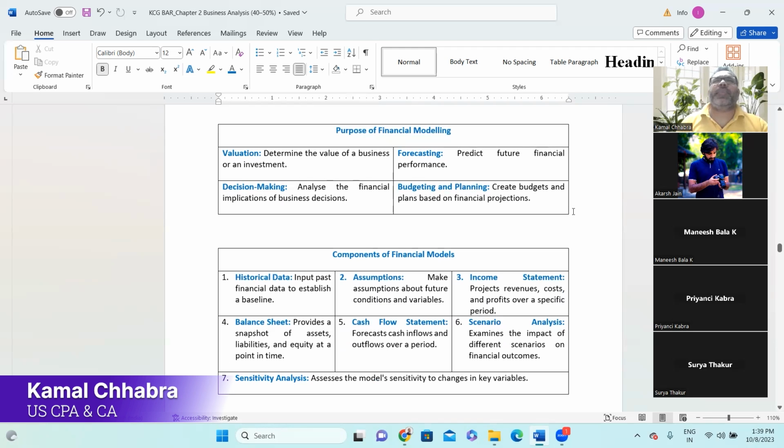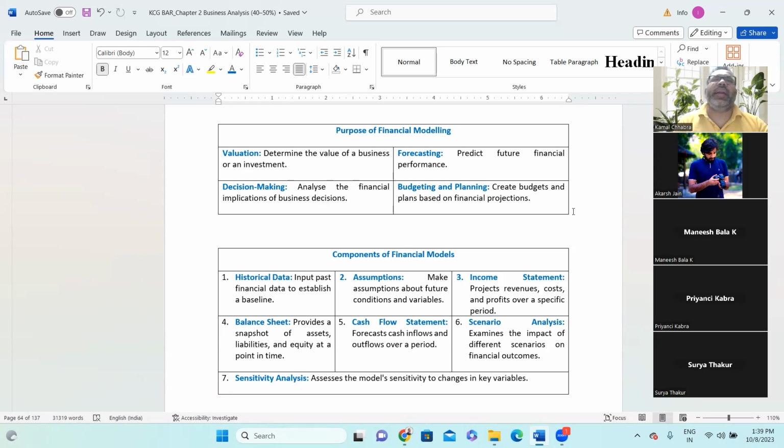But the basic purpose of financial modeling is valuation, forecasting, support in decision making, budgeting and planning. When you do the valuation, for example, nowadays startups, you all have seen Shark Tank, right? They come up with a certain valuation, but how do they derive and reach the valuation of their organization for which they do fundraising?